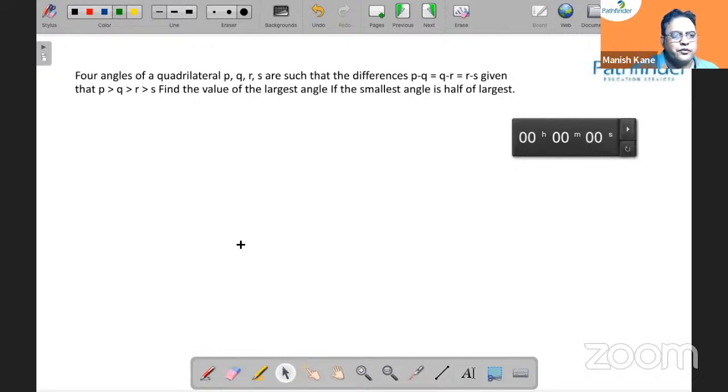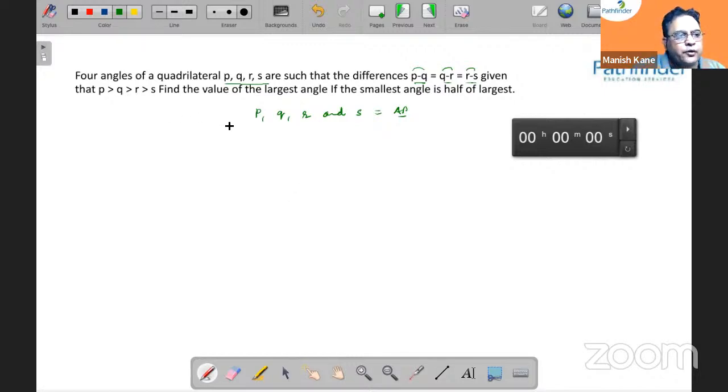So you're told that four angles of a quadrilateral PQRS are such that differences P minus Q, Q minus R, and R minus S is the same. It only means that P, Q, R, and S are in AP. Correct? Why? Because there is a common difference between two succeeding terms. Right?